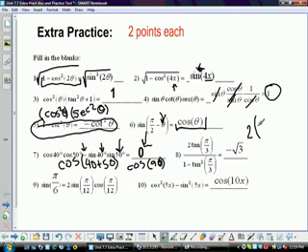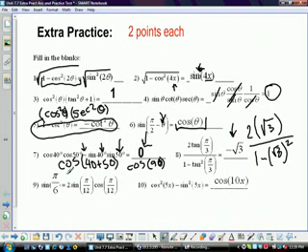Or how would I go about finding the tangent of pi over 3? Your chart, exactly. Use your charts if you need them. Tangent of pi over 3 is root 3. Divided by 1 minus root 3 squared. You will come up with root 3.